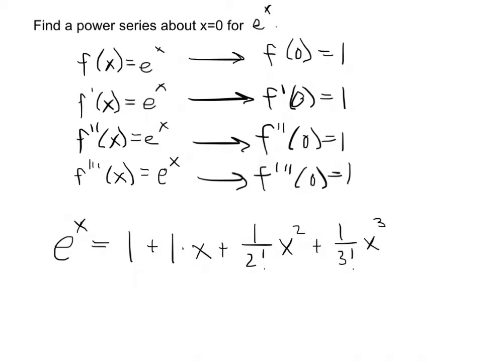I'd imagine we can guess what the next one is. Even though I didn't do the fourth derivative, we know this next one, because of the pattern here, is going to be 1. So the next one would be 1 over 4 factorial x to the fourth. For that matter, we can probably guess that when you get to the nth term, it's going to be 1 on top, n factorial on the bottom, x to the nth. And this is an infinite series. It's actually going to go on forever, right?